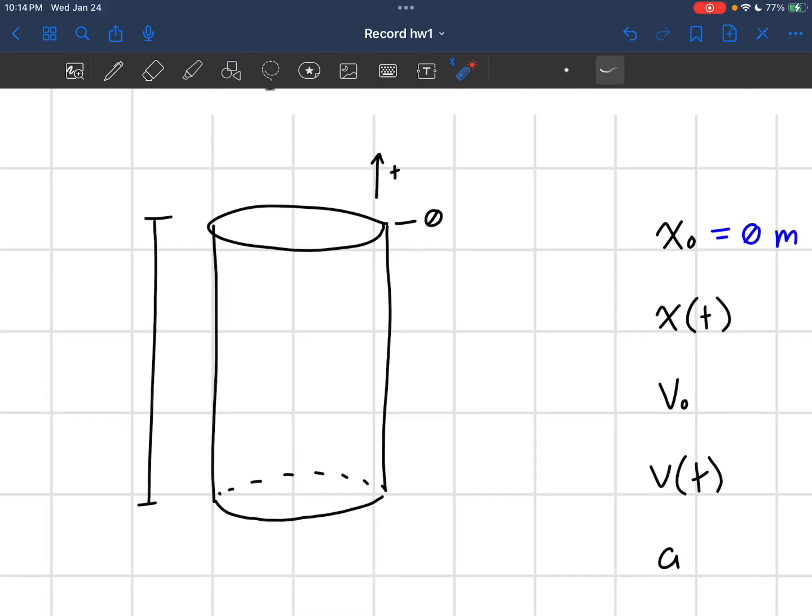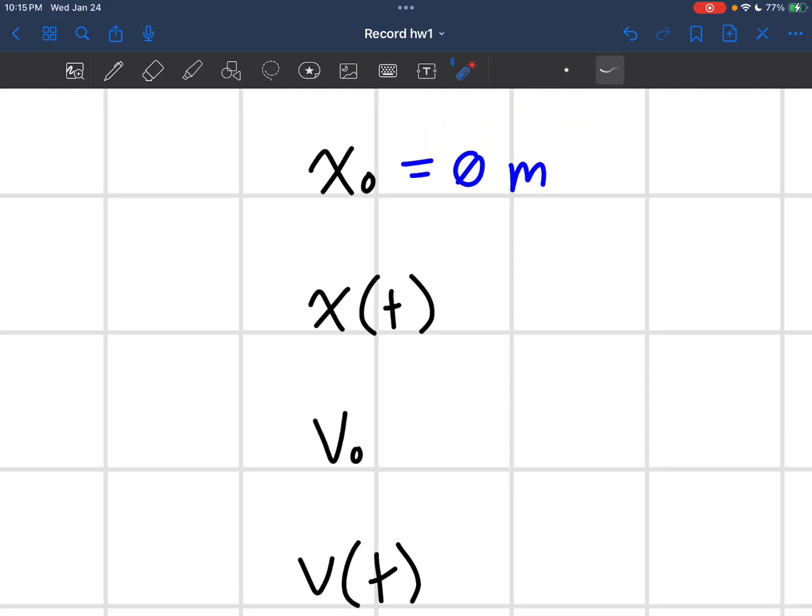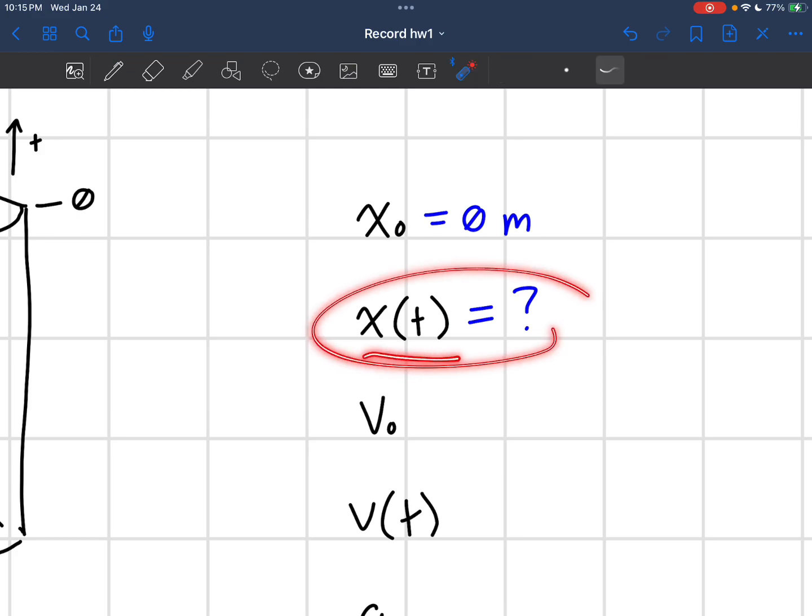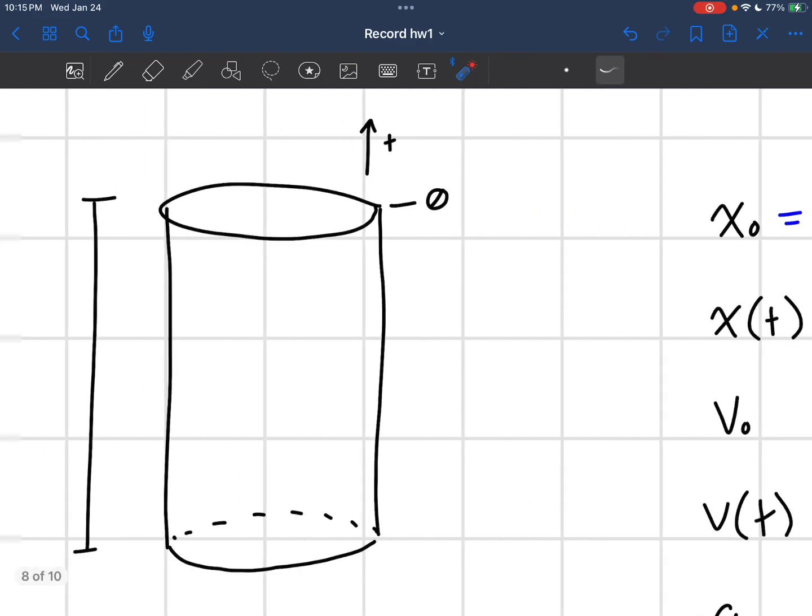After some time t, the bucket will hit the ground and be at a new position. The difference between 0 and that position will be my x of t. That is what I am solving for. If I can find x of t, that gives me the height of the well.